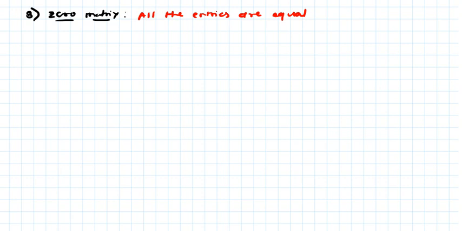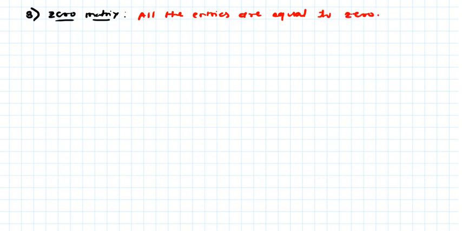Now the third type of matrix is called the zero matrix. Any matrix will be called a zero matrix if all the entries in that matrix are equal to 0. So what is the definition? All the entries are equal to 0.